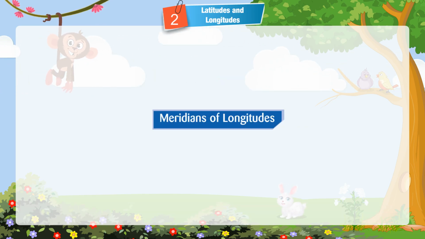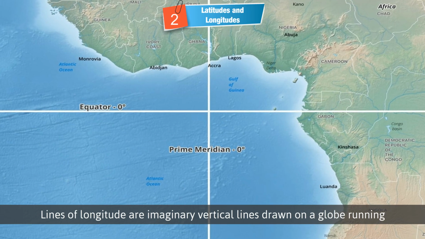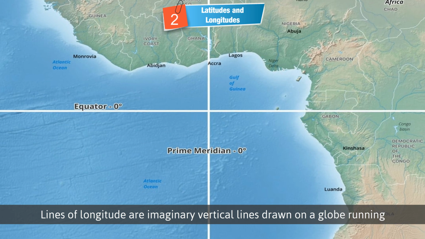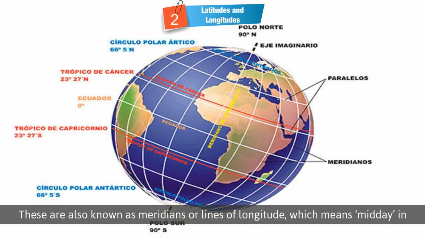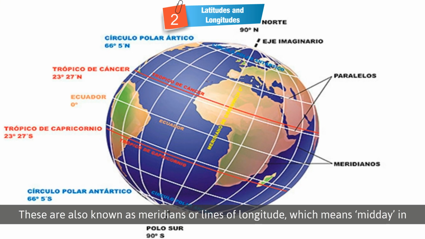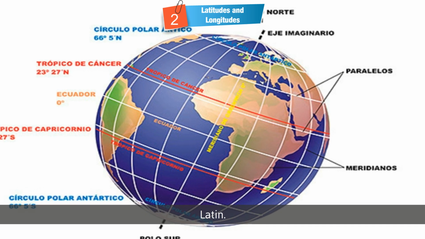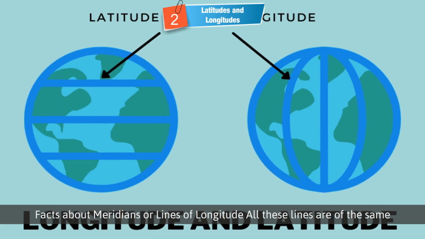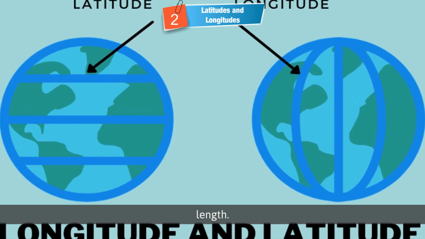Meridians of longitudes. Lines of longitude are imaginary vertical lines drawn on a globe running from the North Pole to the South Pole. These are also known as meridians or lines of longitude, where meridian means midday in Latin. Facts about meridians or lines of longitude. All these lines are of the same length.